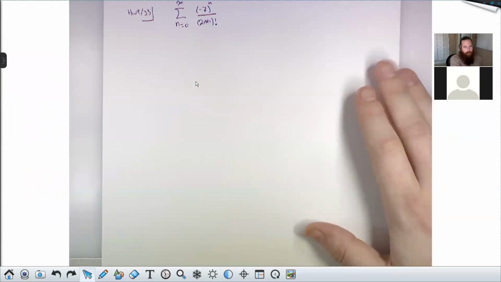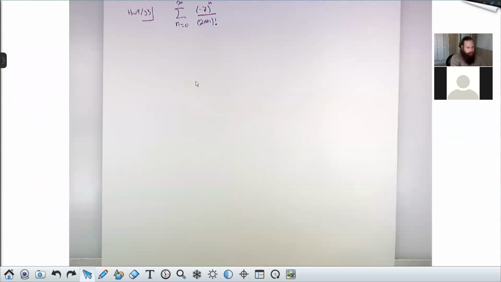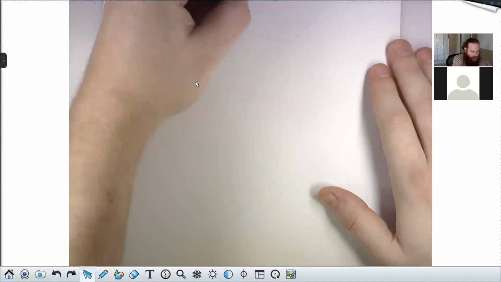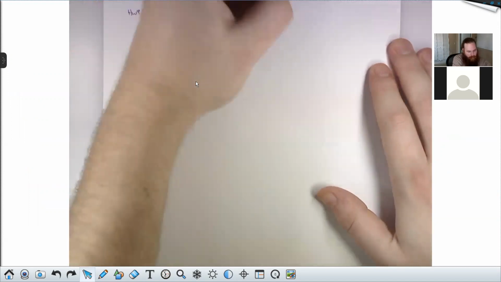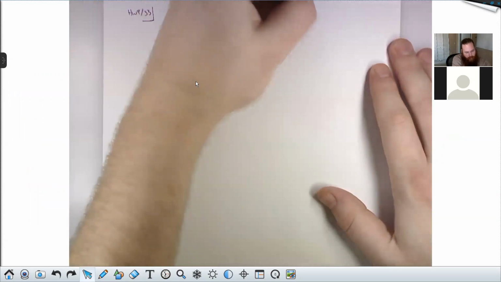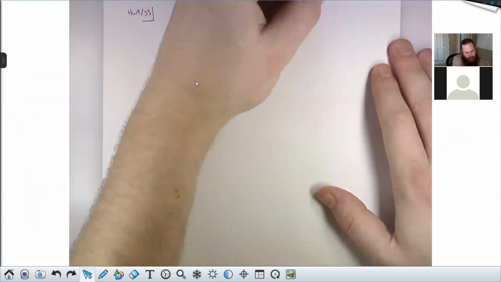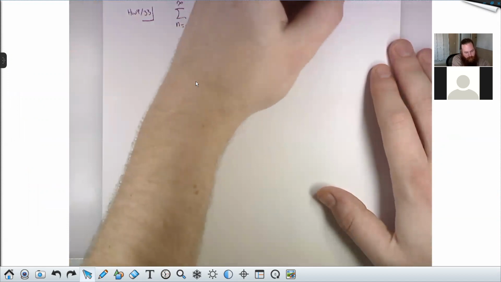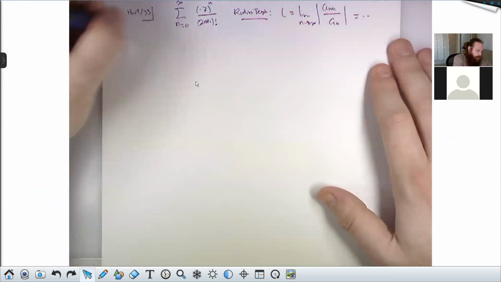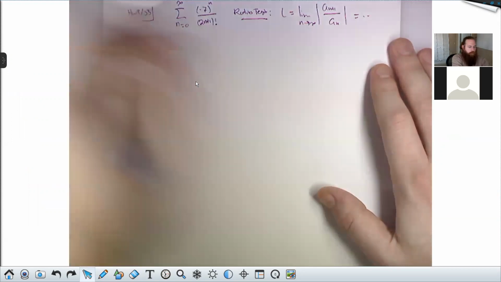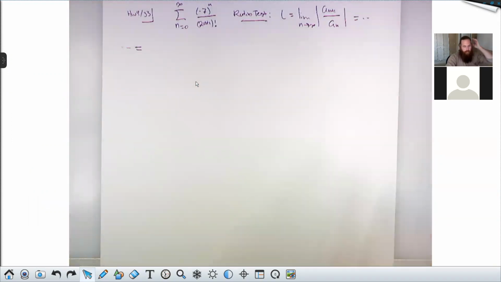But this is, again, a ratio test thing. L is the limit as n goes to infinity, abs a_(n+1) over a_n. Remember, I always suggest that you write down the pieces from the test you're going to use without the stuff plugged in. That way I can give you partial credit for the stuff that you do know, even if you make a mistake in the next step.